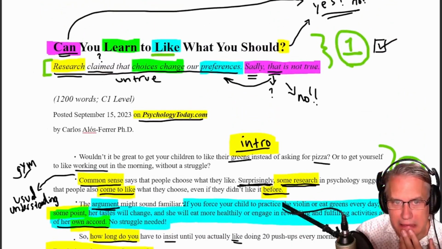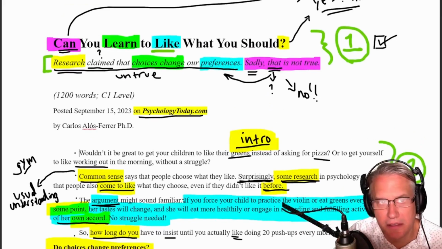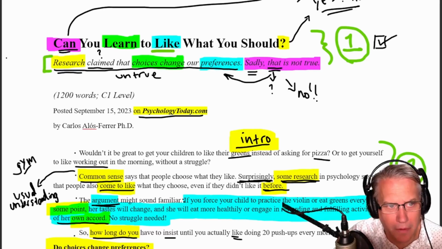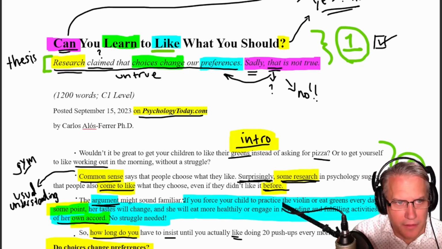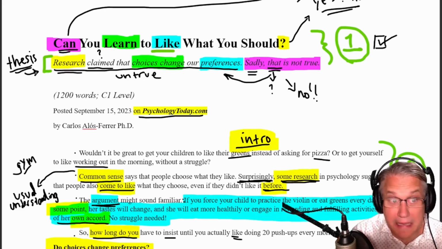I feel like the thesis of this article, write that word here, the thesis, my guess is right here. That's my guess.